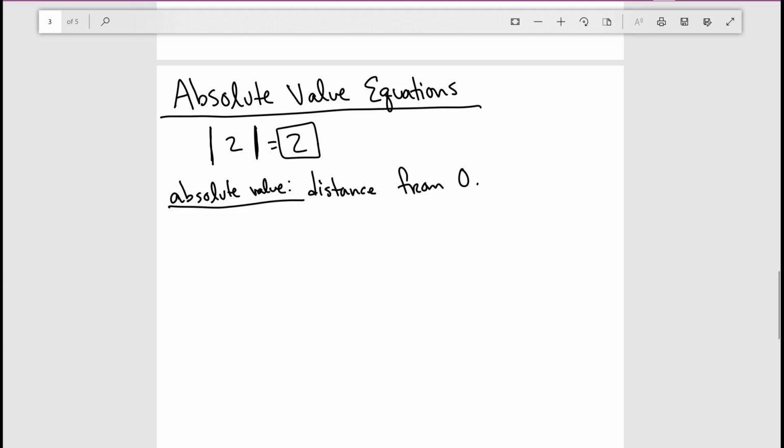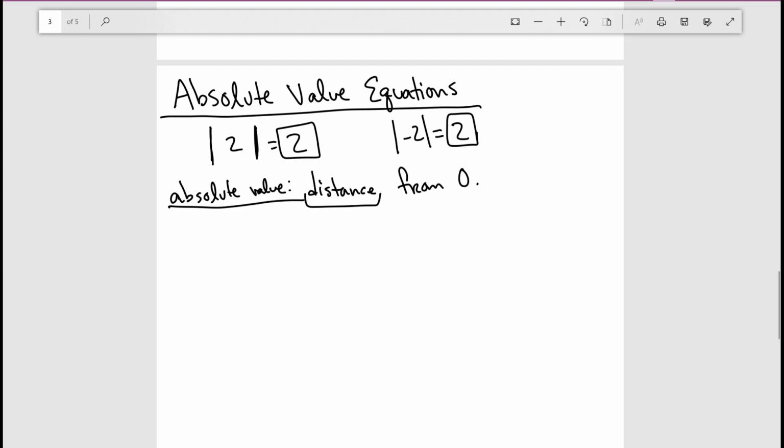That is just the answer. What about if I asked for -2? Well, -2 is also 2 units away from 0. So remember, we're looking at distance. Distance tells me how far I am from 0, and distance should always be positive. That's why every single time the answer is always going to be a positive number.